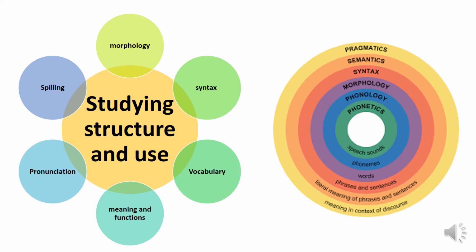Later I will move to vocabulary and the meaning and functions that phrases and sentences can convey, and pronunciation and spelling. That's what we mean by language construction, or structure and use. So the student can know each field alone and the use of this field.